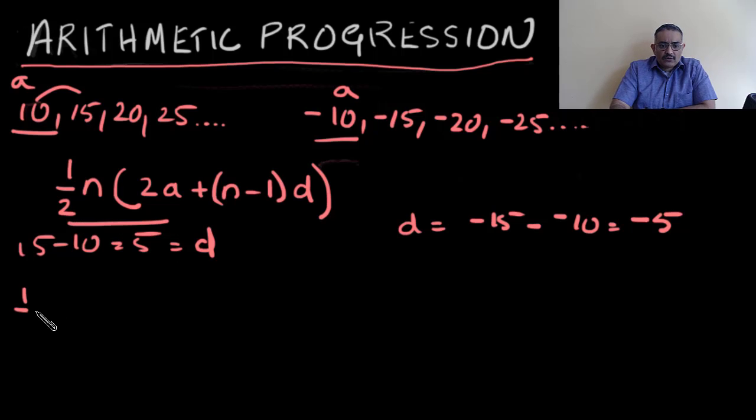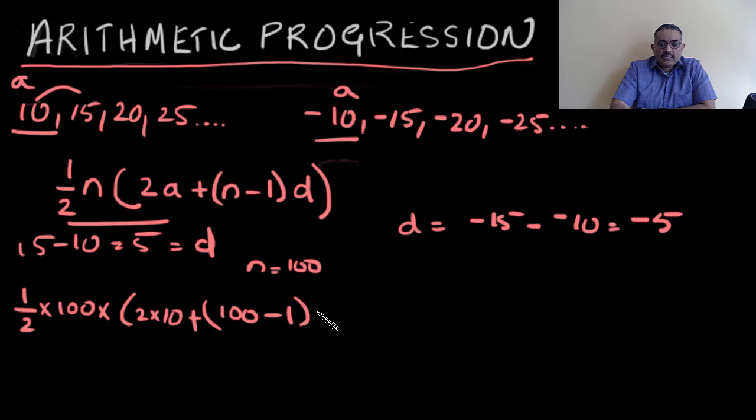Half times, let's say n is 100. We are trying to add up the first 100 terms. So half times 100, times (2 times 10 plus (100 minus 1) times d as 5).